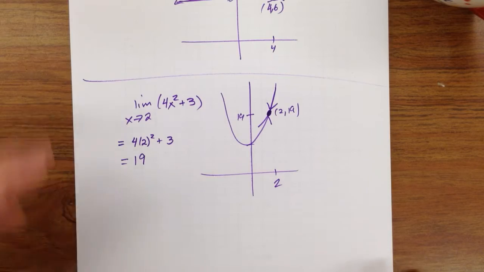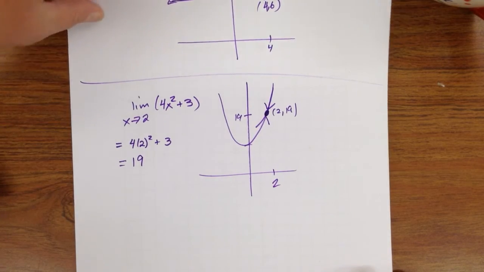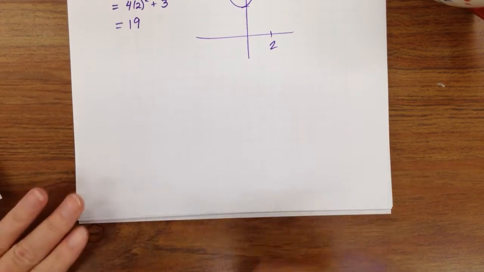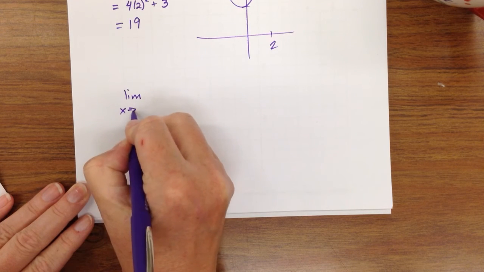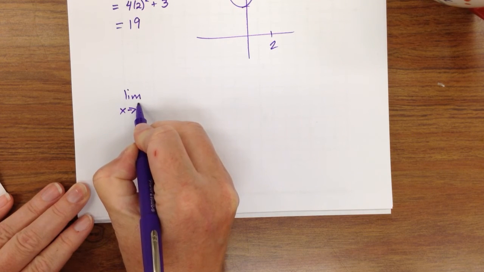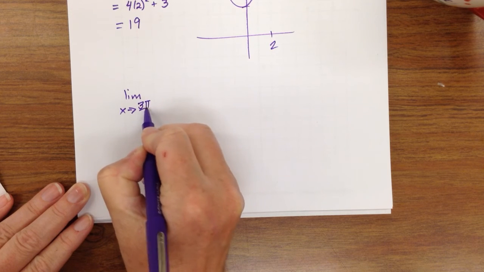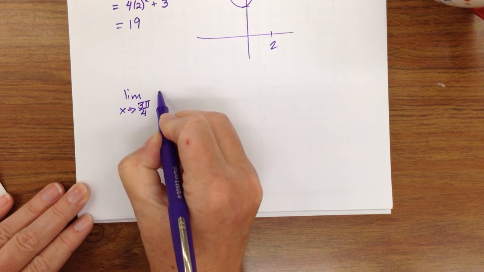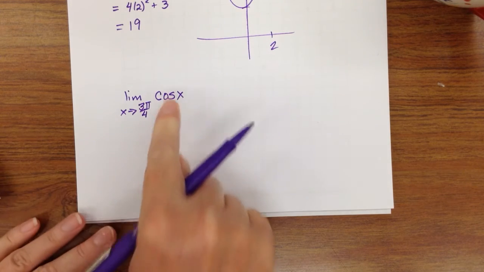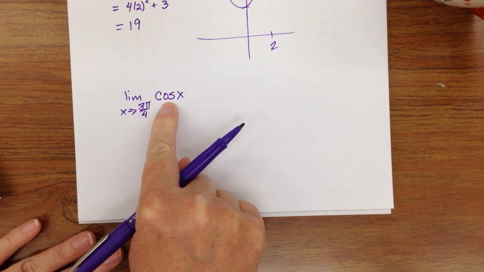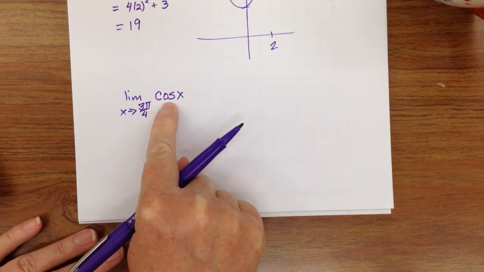Consider the following. You ready? Okay, how about this one? What is the limit as x approaches 3 pi over 4 of cosine x? Okay, so the function is your cosine wave. Well, that's a lovely continuous function.